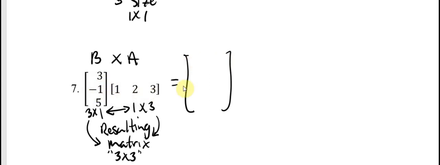Negative 1 times 1, 2, 3 gives us the second row, and 5 times 1, 2, 3 gives us the last row. So we just get 3, 6, and 9, negative 1, negative 2, and negative 3, and 5, 10, 15.